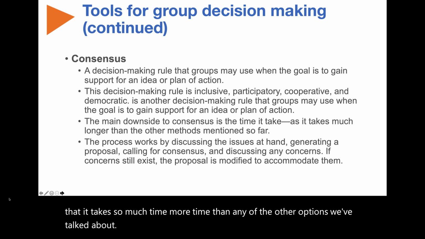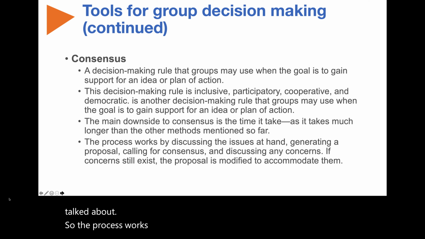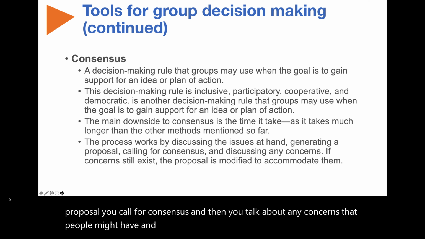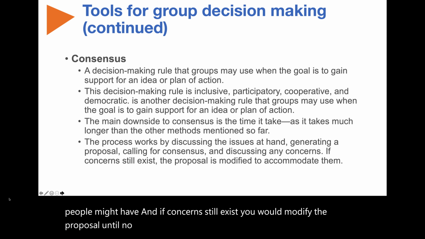So the process works by discussing all of the issues at hand. We generate a proposal, you call for consensus, and then you talk about any concerns that people might have. And if concerns still exist, you would modify the proposal until no concern is left.